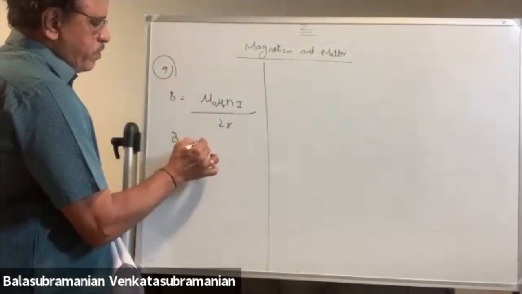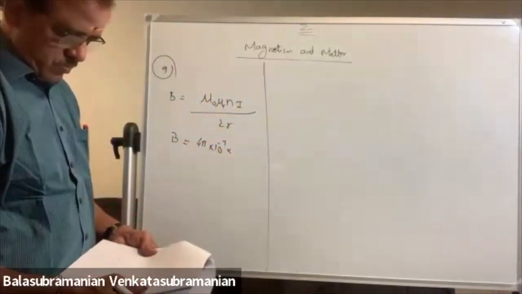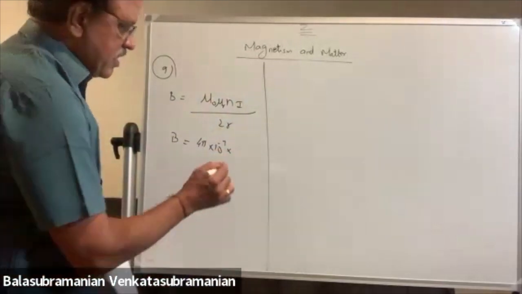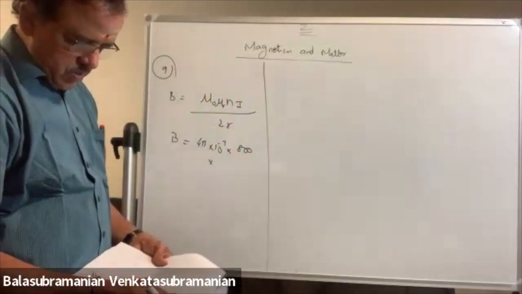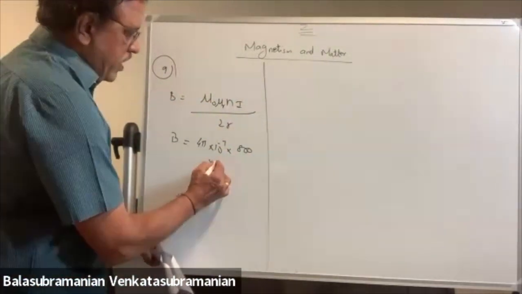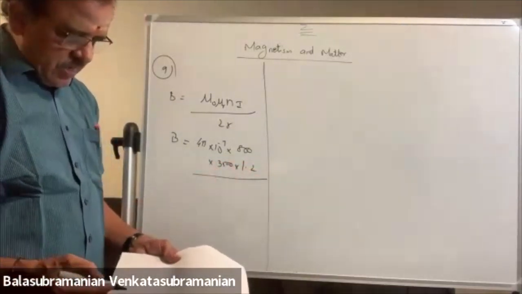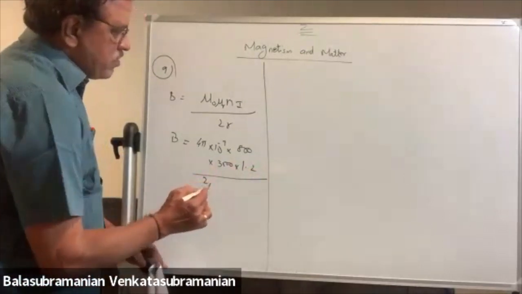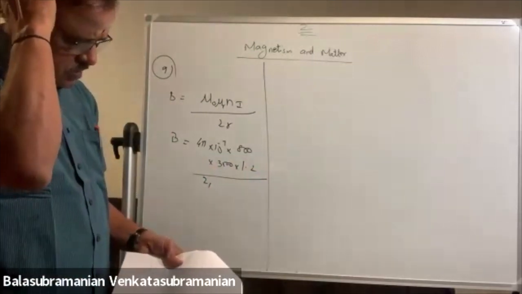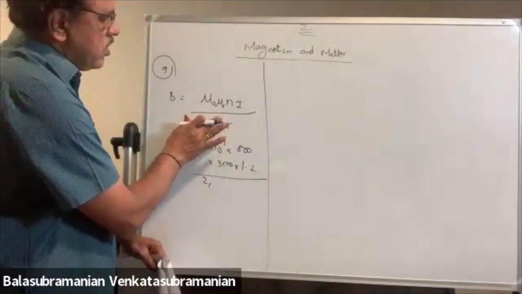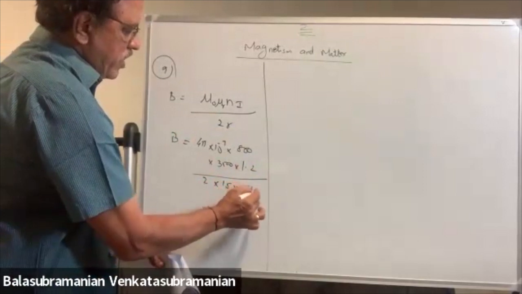That is 4 pi into 10 power minus 7, mu R 800, into number of turns 3,500, current 1.2 ampere, radius 15 centimeter, two into 15 into 10 power minus 2.